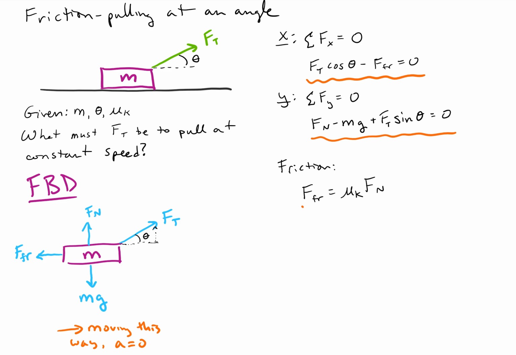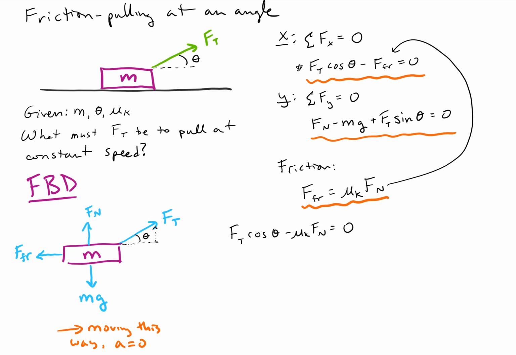You could consider this a system of 3 equations with 3 unknowns, or you could just plug this one in here, and then it quickly becomes two equations with 2 unknowns. So let's start with that. I'm going to rewrite this equation with this expression for the friction force: Ft cosine theta minus mu k Fn equals 0.